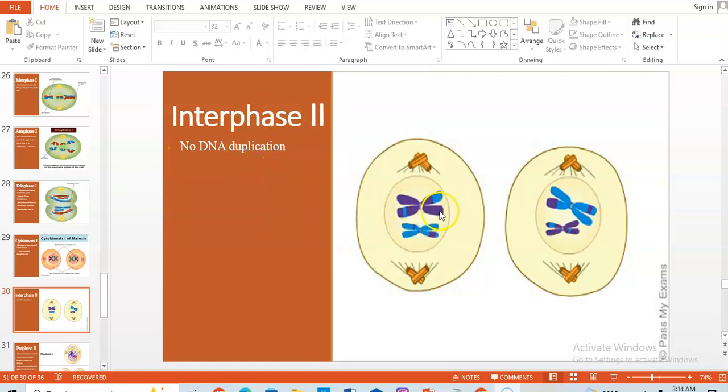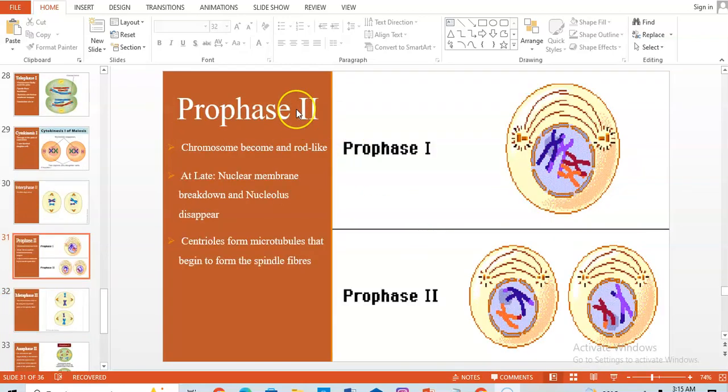Why? Because the reason for duplication is to form bivalent chromatids, but the cell already has bivalent chromatids, so there is no need for DNA duplication. So the cell now goes into prophase 2.